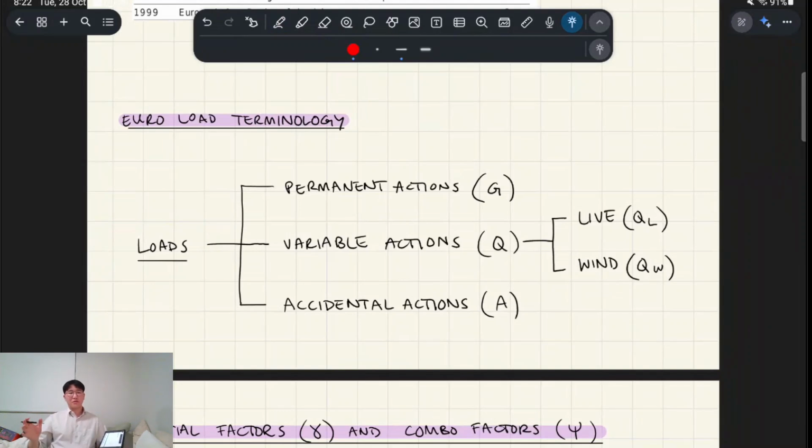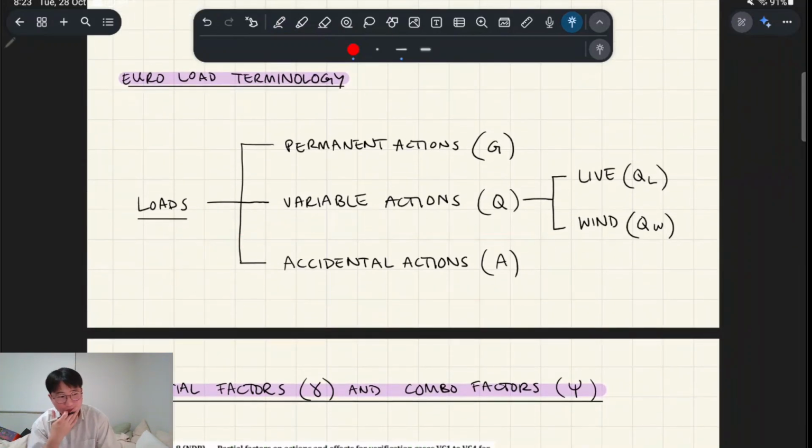When we say variable, it's time variable, right? Live load could happen for 10 seconds, or it could happen for 10 years. Like a grand piano, you might leave it there for a day, or you might leave it in the same spot for 10 years. So it's a time variable load.